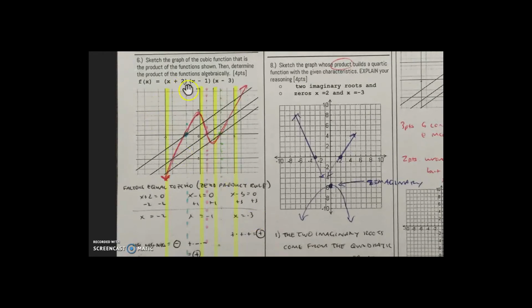From what I did there, as we did in class, we drew these dotted lines through the x-intercepts, so the graph has to go through those points. The next tip is that we have to do the products of these. Just to the left side of this blue dotted line, I drew a yellow line, and I look at the intersections to notice if it's below or above the x-axis.